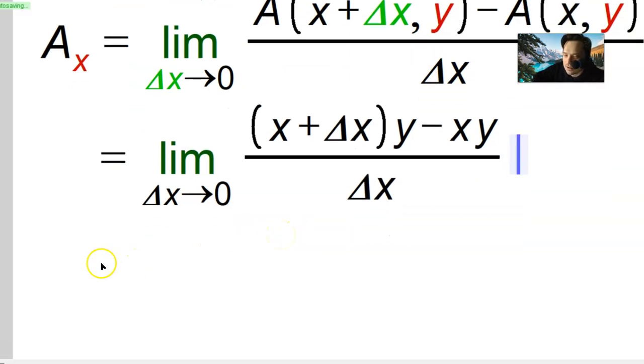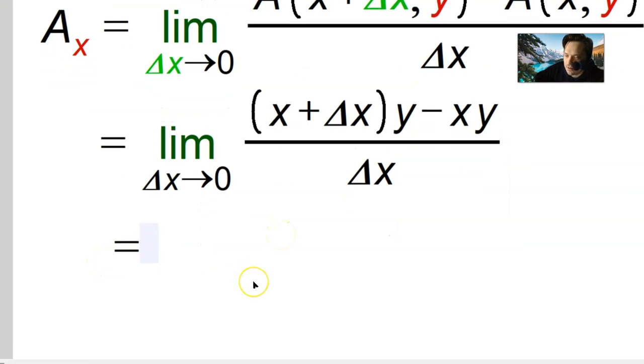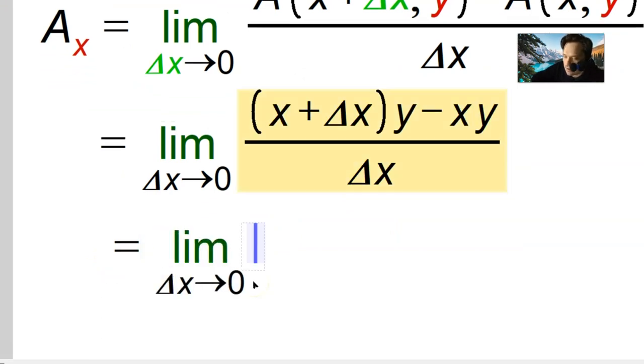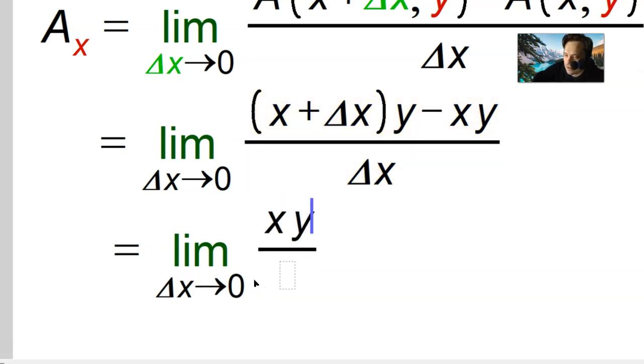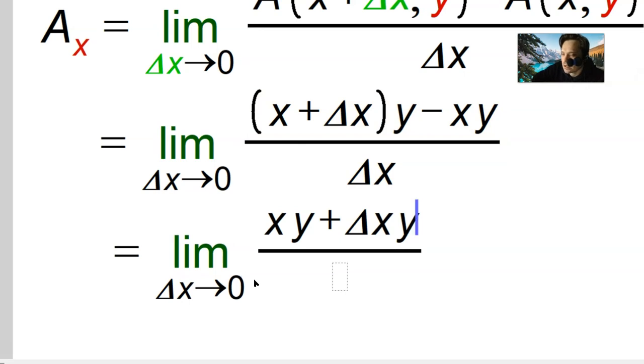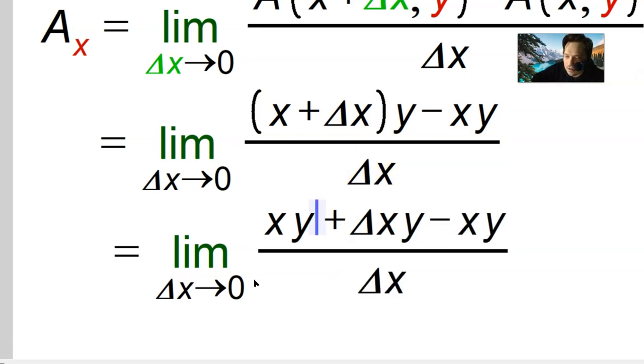Okay. Then we can work through this pretty quickly. Quite straightforward. So the limit as delta x goes to 0, and then I'll say, let me add the fraction bar, xy plus delta x y minus xy over delta x. Now let's stop for a second. The red part will cancel with this part right here, correct? You see that? The two red parts will cancel.